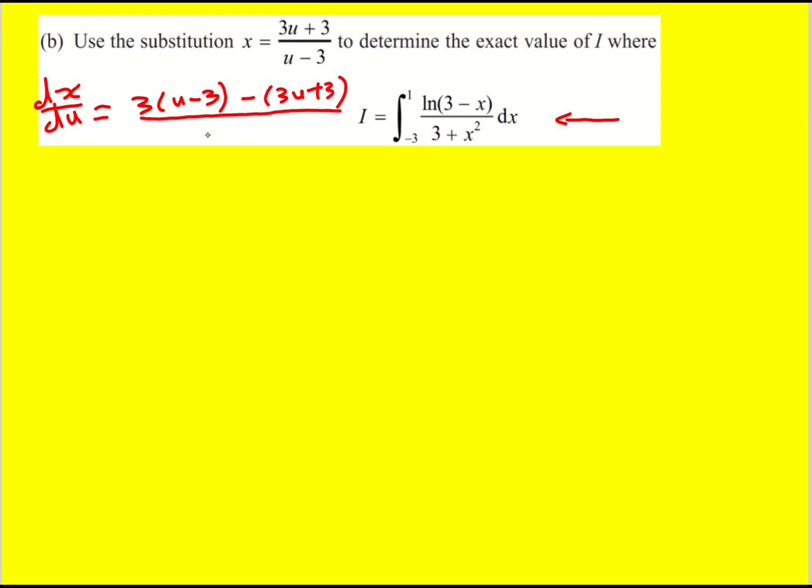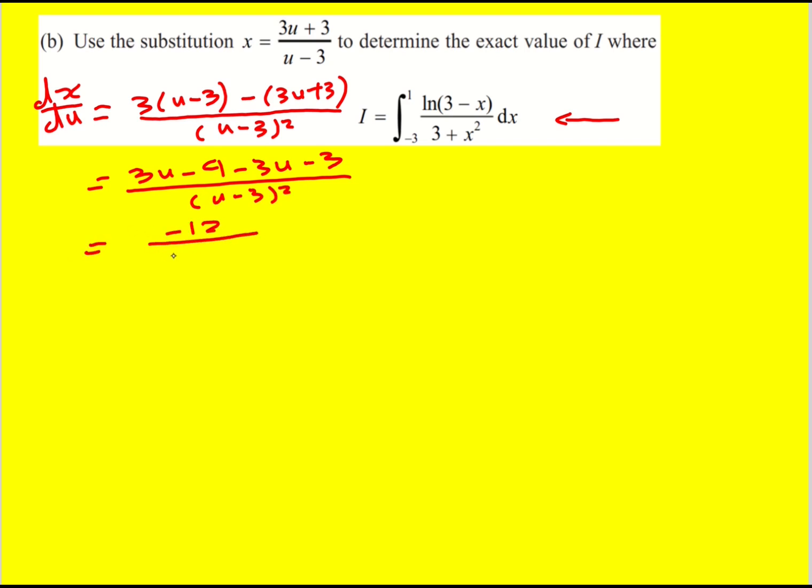And it'll be all over u minus 3 all squared. That gives me 3u minus 9 minus 3u minus 3, which is minus 12 over u minus 3 all squared. Okay, brilliant.